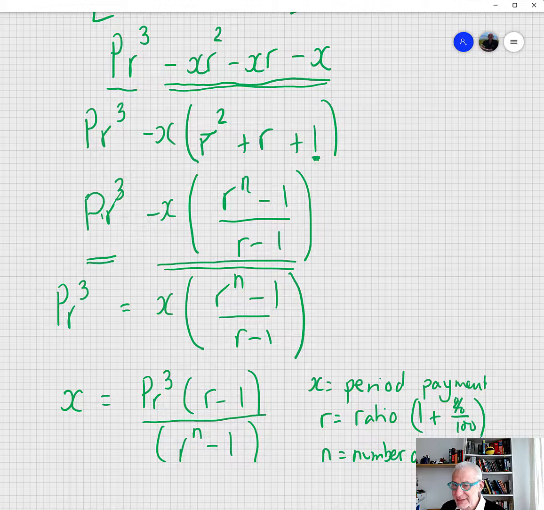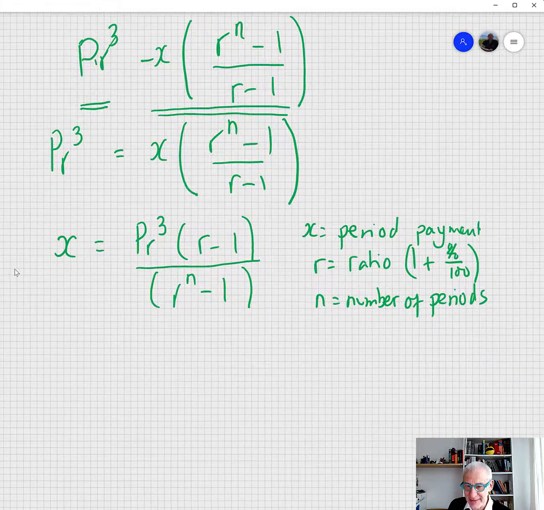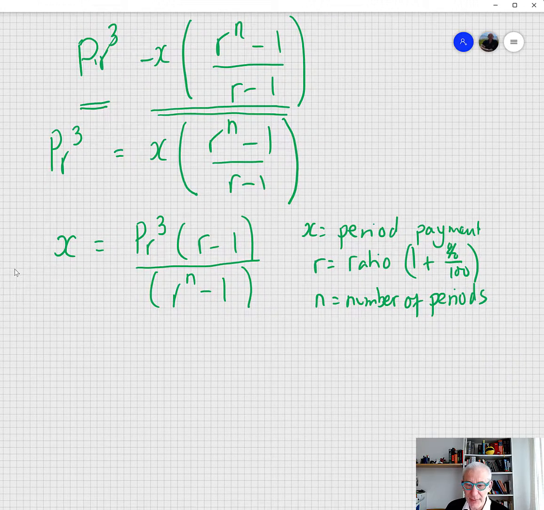Okay, so let's now apply this to our little problem that we had at the beginning about borrowing some money for a small car. In that example, we're agreeing to borrow 1,000 euros, dollars, yen, whatever it happens to be.